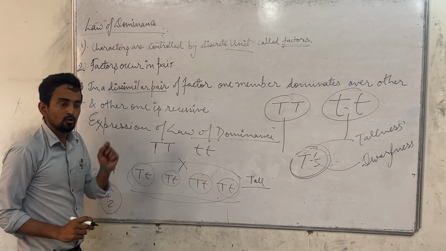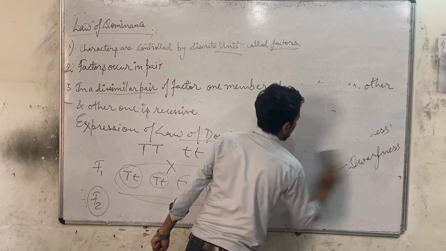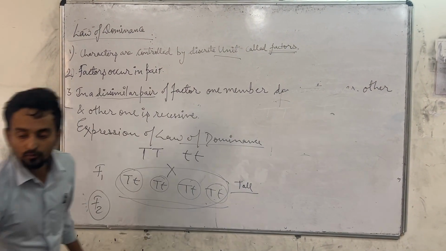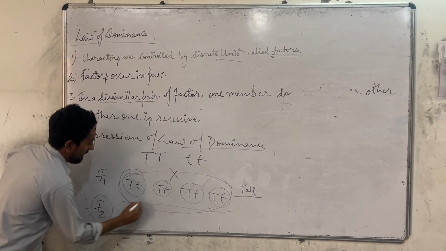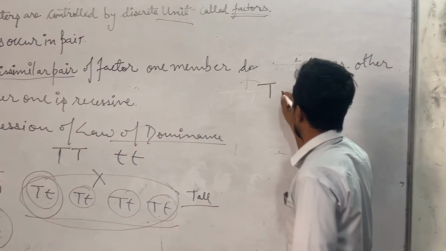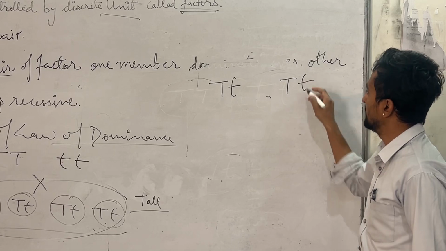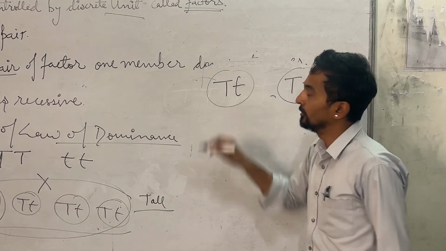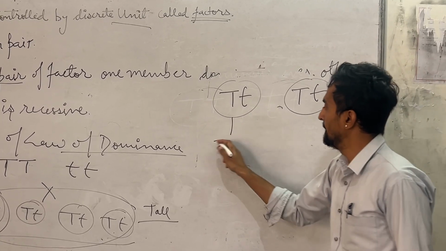So what will happen in the F2 generation? To get the F2 generation, we have to do selfing of the F1 generation. What is the F1 generation? Capital T and small t. One plant has capital T and small t genes, and the other plant also has capital T and small t, so we cross these two. What will the gametes be?